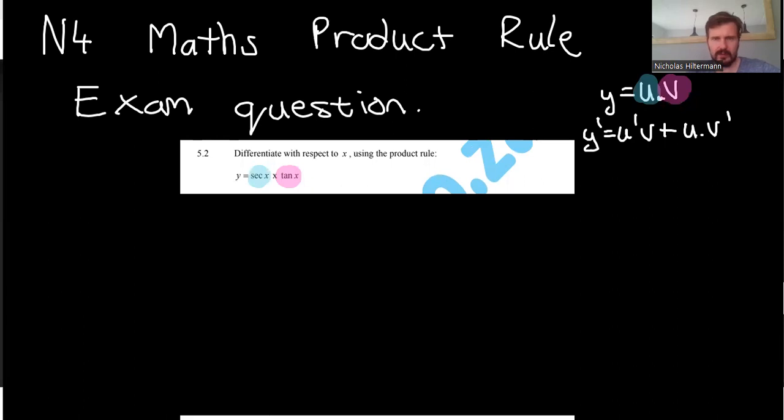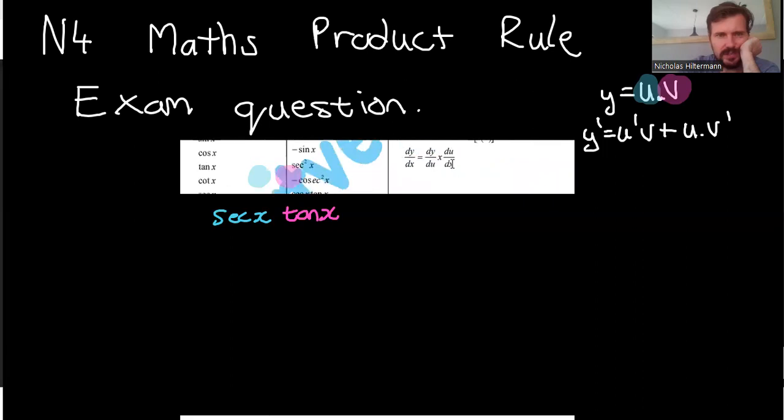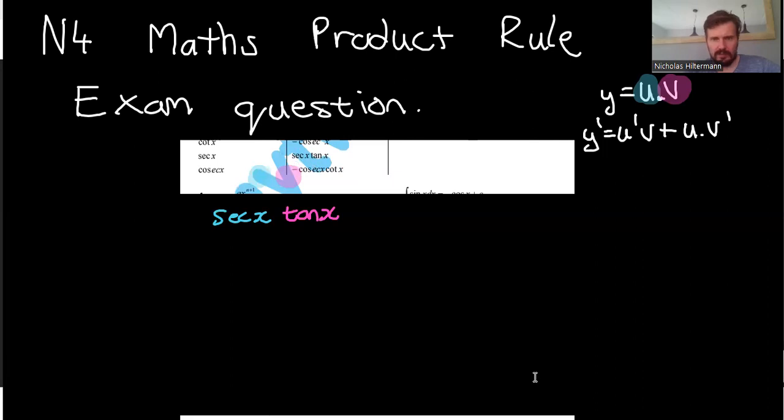Okay, cool. Let me just write this out. So blue is the sec x. Pink is the tan x. So my rule is that one is find the derivative of one times the other. So let's just write on the side.